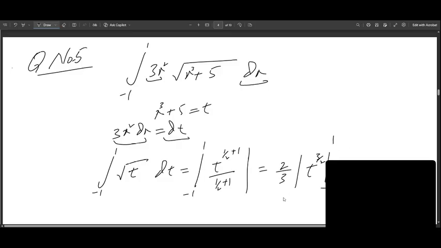Now all we need is to plug in the values. Instead of t, we will plug in 1 and negative 1. So it will be 2 by 3, and you have 1 raised to the power 3 by 2 minus negative 1 raised to the power 3 by 2. If you plug it into your calculator, you can calculate this part.